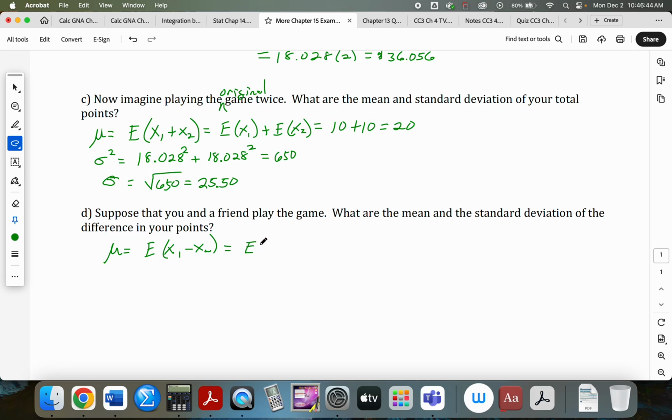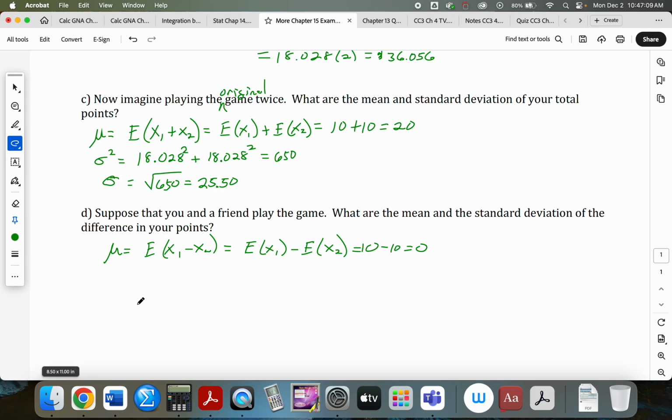Well, that's going to be the expected value of x1 minus the expected value of x2. The mean expected is going to be 10 minus 10 is 0, which makes sense. We expect you to have an average of 10. We expect me to have an average of 10. The average expected difference is 0.